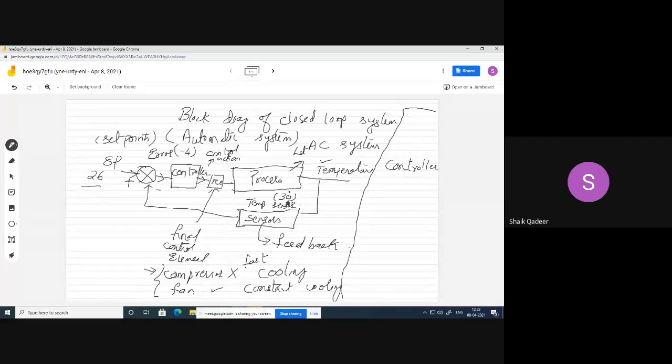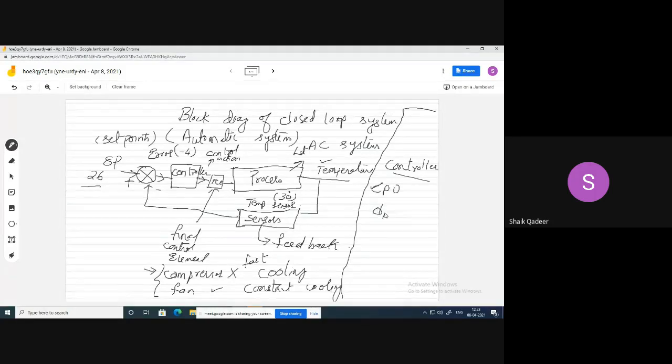This machine-made controller is actually implementing an arithmetic equation. It is like a CPU, a central processing unit or a computer. It is executing an arithmetic equation, so I am considering a simple arithmetic equation.